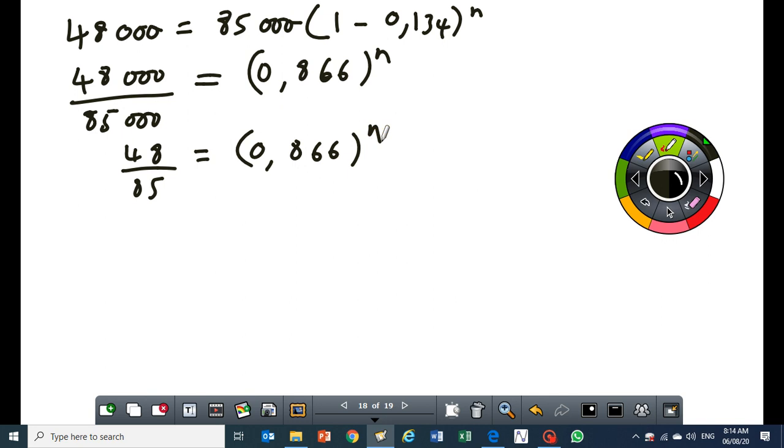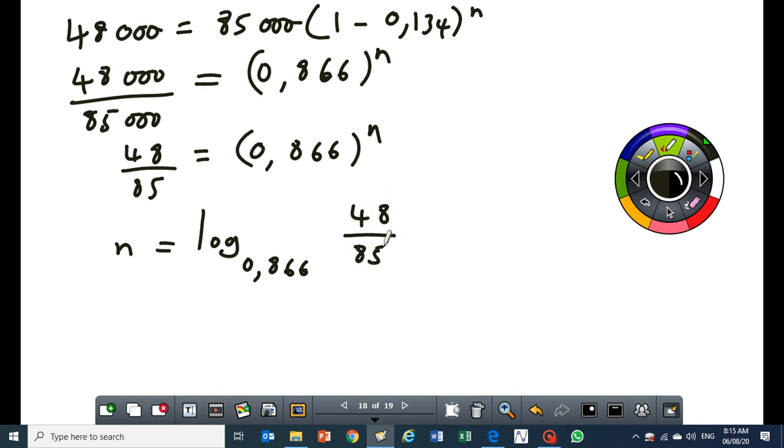When you get here, you know that you can use logarithms. You can take logarithms on both sides, or you can convert the equation from exponential form to logarithm form. Like for today, I'm just going to convert from exponential to logarithm. Remember, the base of the exponential is the base of the logarithm, so that will be log base 0.866 of 48 over 85.